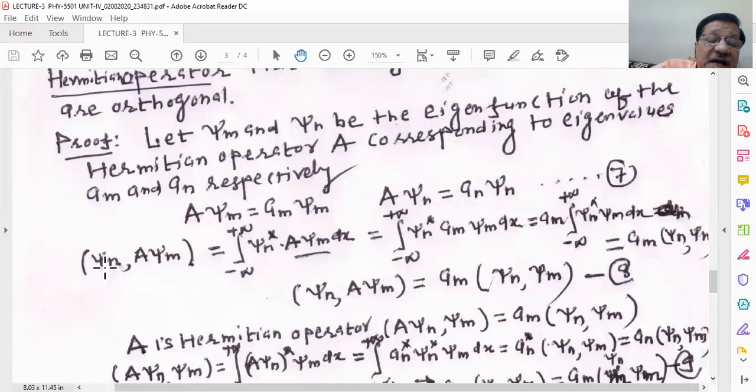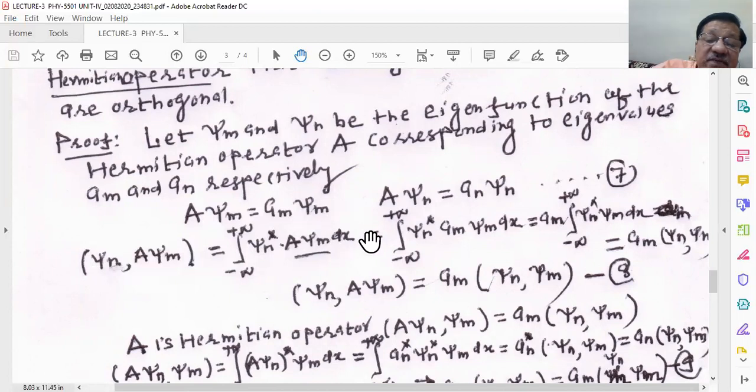So you have the integral of psi n star A psi m dx. Now A psi m is an eigenvalue equation, so I write A psi m equal to Am psi m.